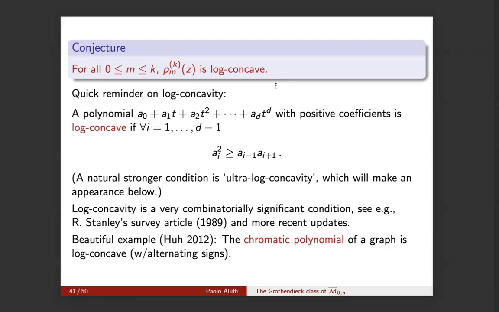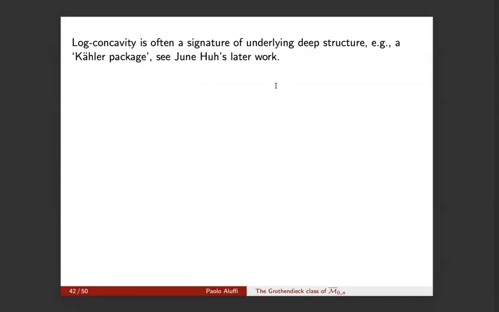As a first-year graduate student, he proved that the chromatic polynomial of a graph is necessarily log concave. This had been conjectured many years before. And Huh has this very powerful point of view: log concavity is an indication that something deep is there, and a Kähler package may be there and justify why something should be log concave.